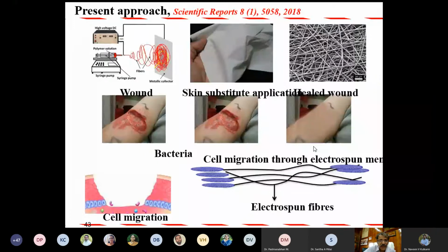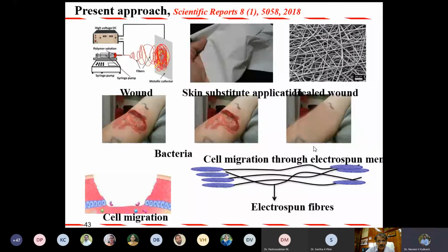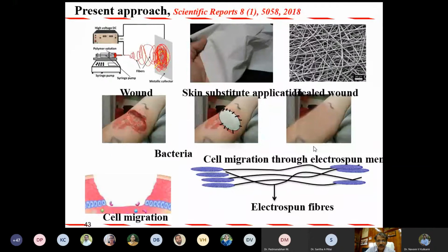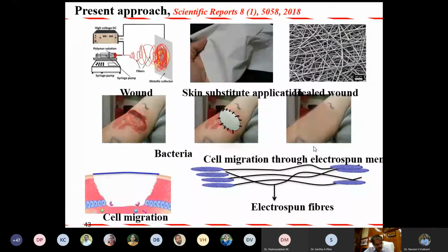And this wound is closed by a tape. You can see this. And after a week, you can see the wound is completely healed. This is the beauty of electrospun scaffolding material.